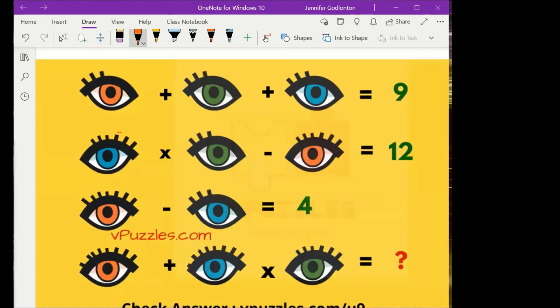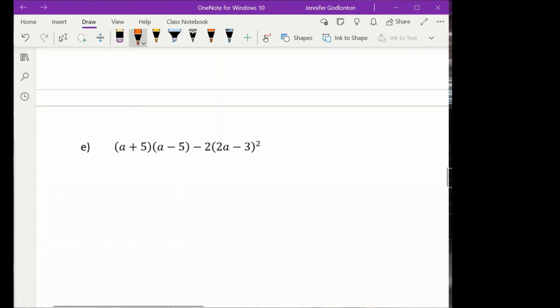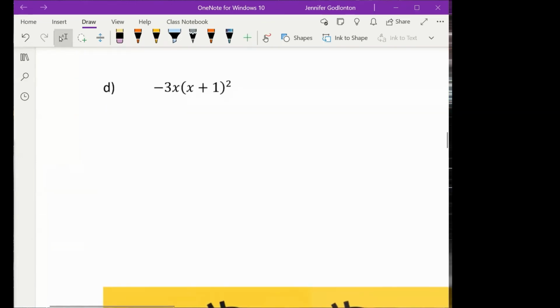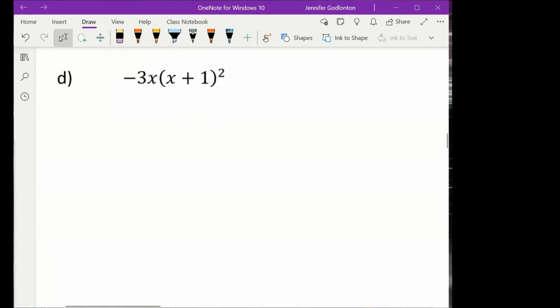Okay, cool. Let's move back into algebra. I think we can do a good couple more questions and then we're going to call it quits for the evening. Let's try this one first. Okay, so we've got a binomial situation over here.